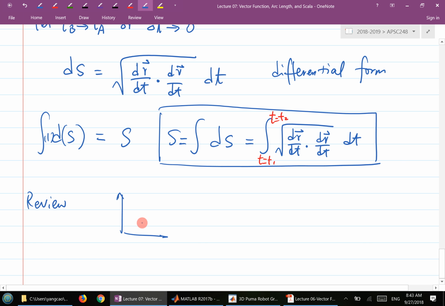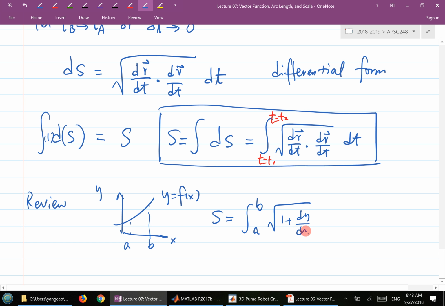For example, in 2D space, if you're given a scalar function f of x, and you're interested to know the arc length for that particular function or curve between x equal to a and x equal to b, there is a formula for that: s equals the integral from a to b of the square root of 1 plus (dy over dx) squared, dx.